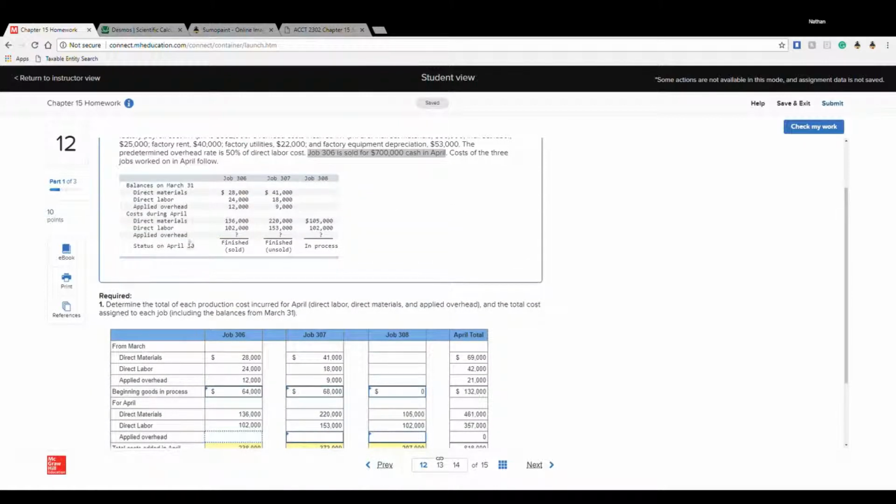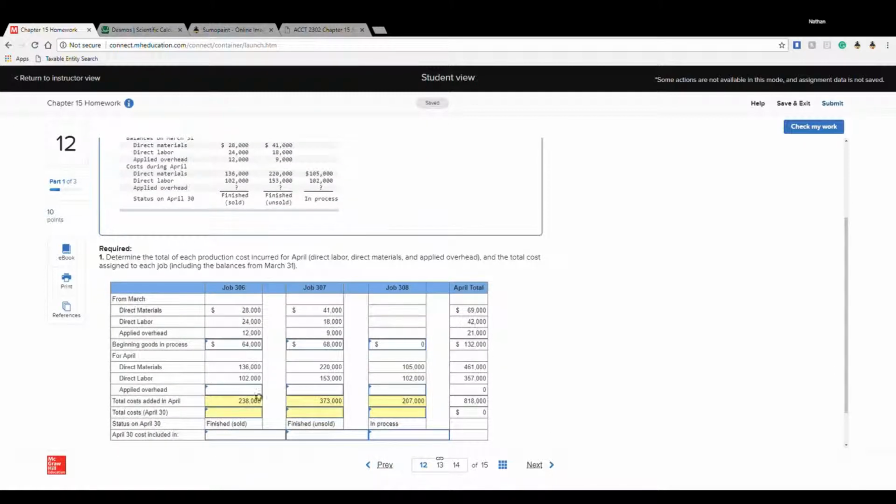Next, we have to determine the applied overhead. So right here, it's all blank, so it doesn't help me any. So we gotta look up here. It says 50% of direct labor cost. Alright, so we're going to look at direct labor cost. For us, it's right here. Can't highlight it, but you can look it up here too. And we're just going to times by 50%, or take about half of it. Some of these are easy to do in your head.